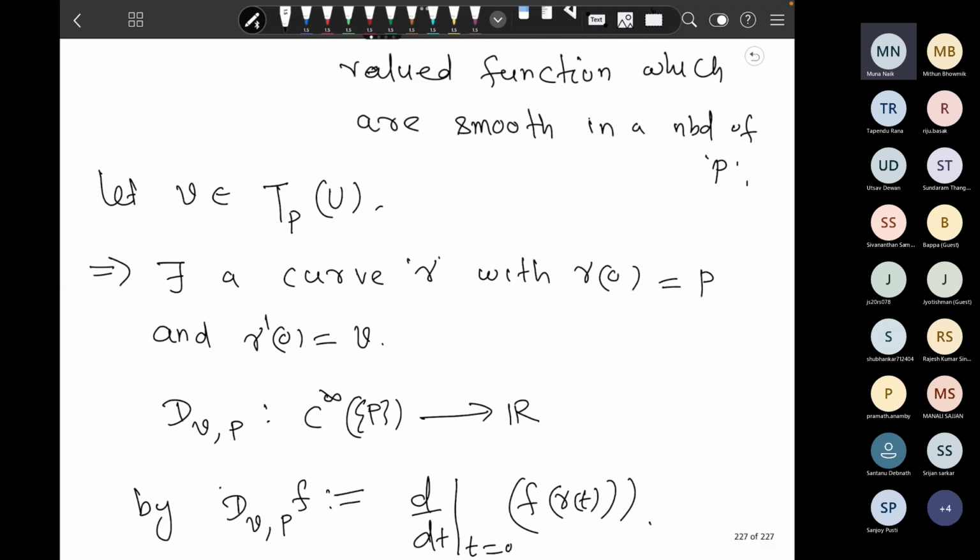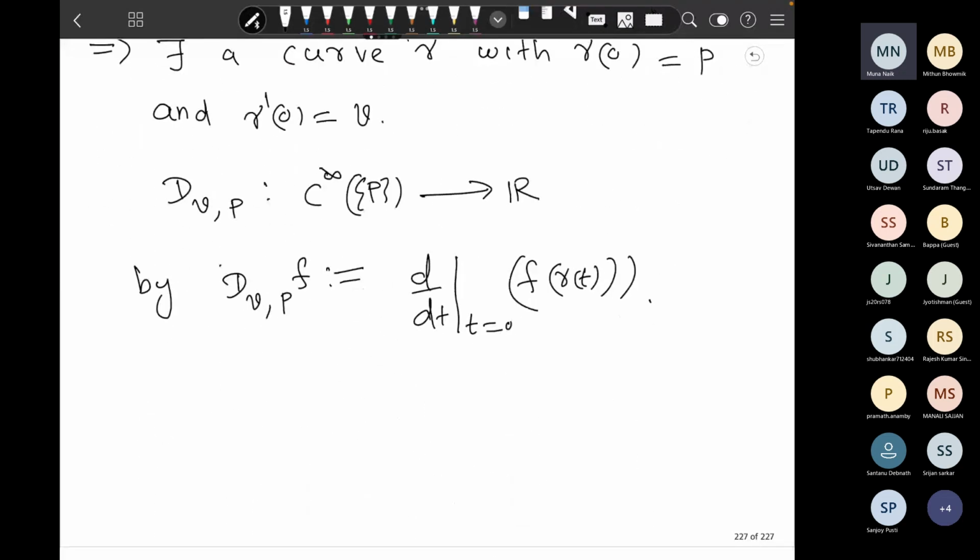And actually this C infinity P is a vector space. You can check that.